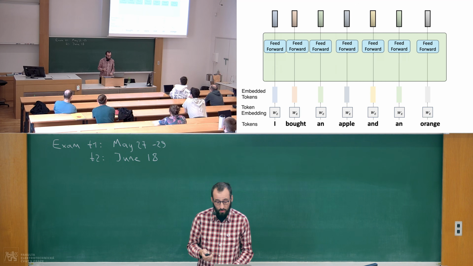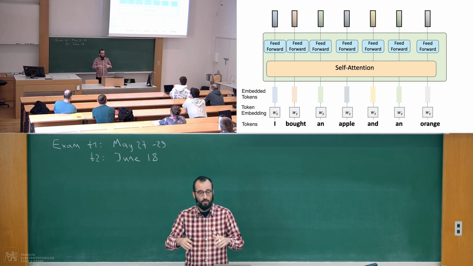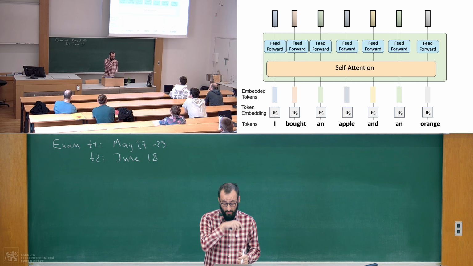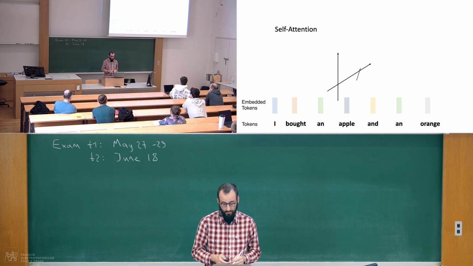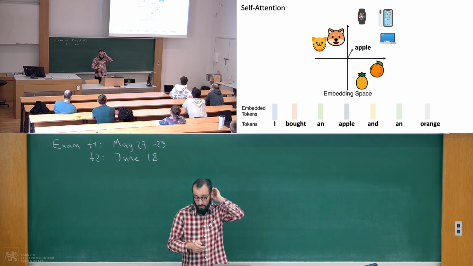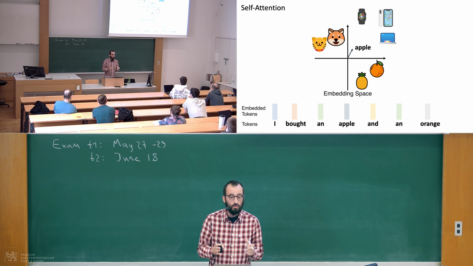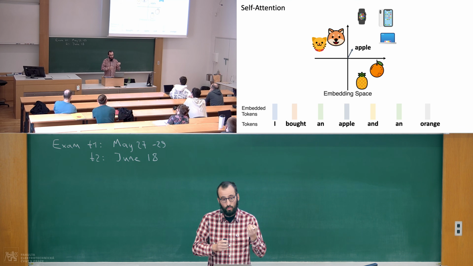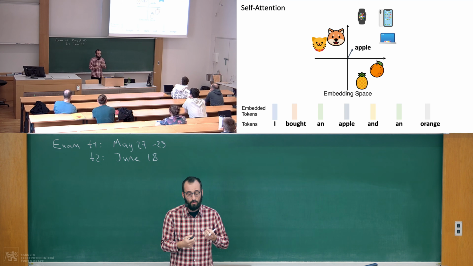We'll see how this is getting fixed with the so-called self-attention, which is one of the main components of the transformer architecture. It's called self-attention because there is some attention mechanism that intuitively checks each word with all other words, checks how similar they are, and how the context should affect.